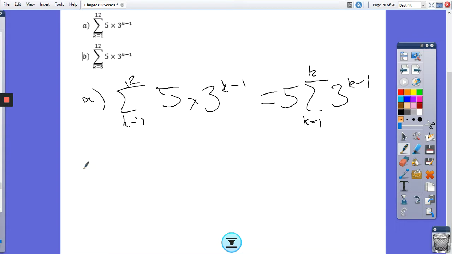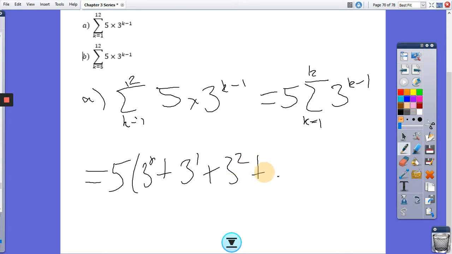I'm not keen on doing it, but I need to write out this series in a bit more detail. So we've got the 5 outside, and now we stick the numbers into the summation. When k is 1, we get k take away 1, so it's 0, so 3 to the 0, plus 3 to the 1, plus 3 to the 2, all the way up to 3 to the 11.